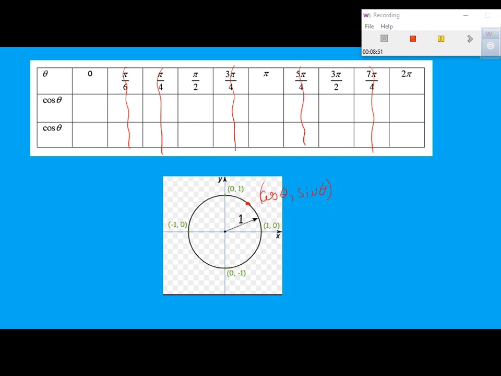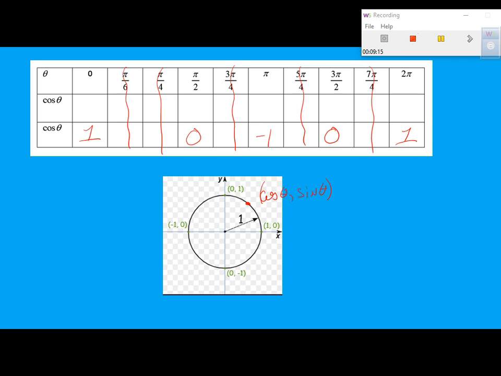This time I want the x values. Well, the x value at 0 degrees is 1. The x value at pi halves is 0. The x value at pi is negative 1. The x value at 3 pi halves is going to be 0. Then I'm going to start again. My x value is back to 1.